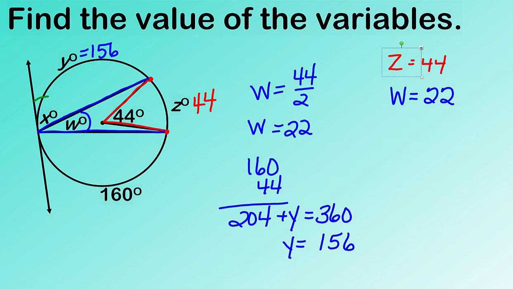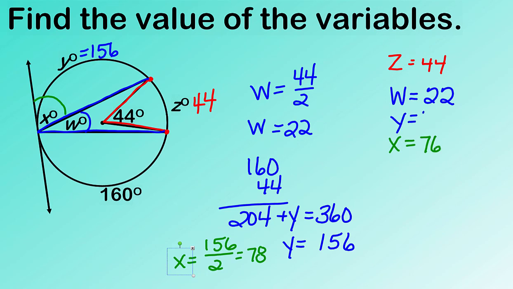And if I take half of that for this inscribed angle, I get 78. And I just found all of the variables they were looking for.